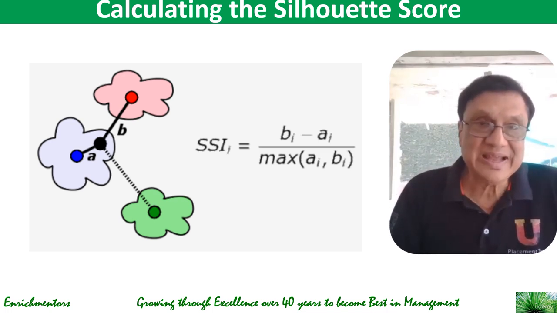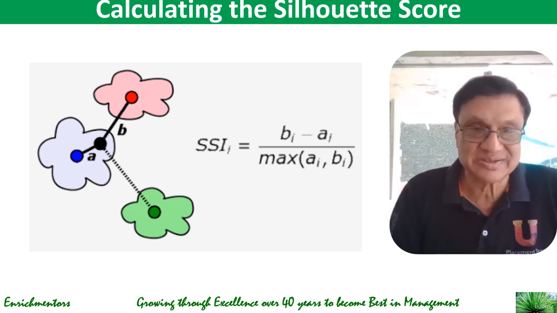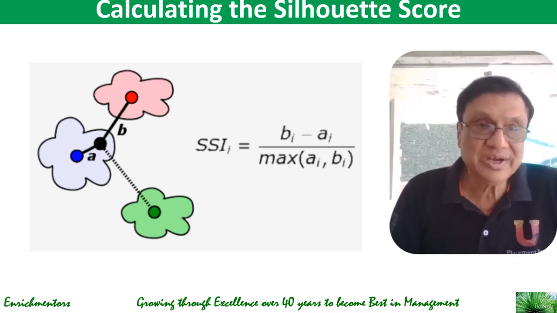Similarly, you calculate the average distance between the same point i and all data points in the nearest neighboring cluster, represented here by the pink cluster. The cluster with the smallest average distance is the nearest neighboring cluster, and this distance is denoted as b(i).